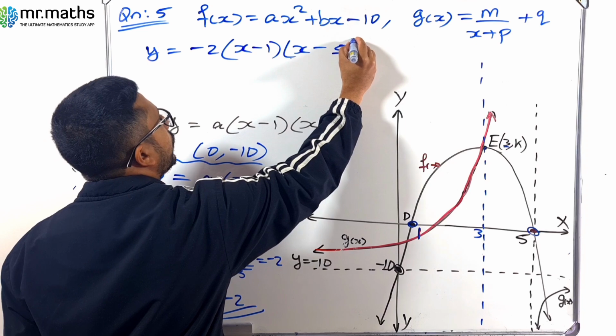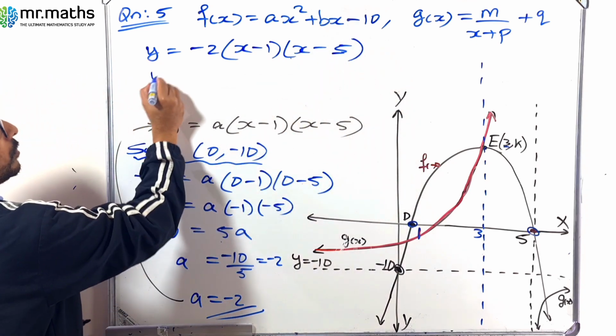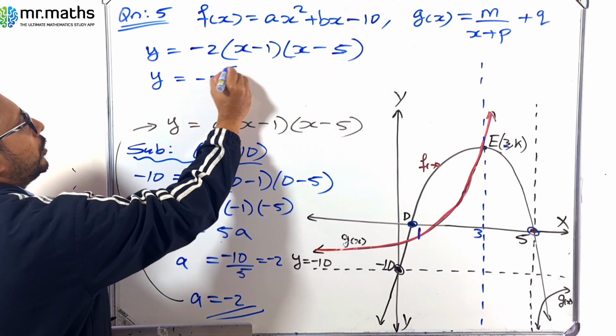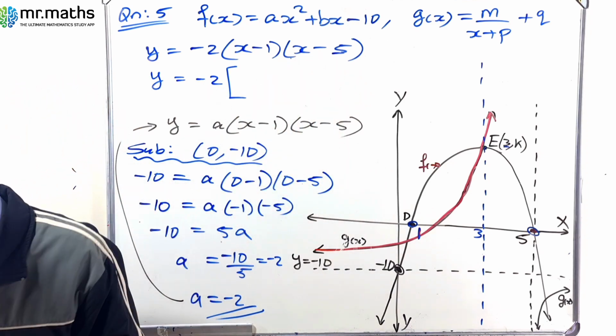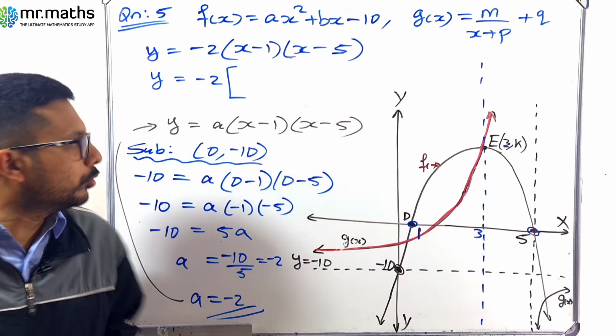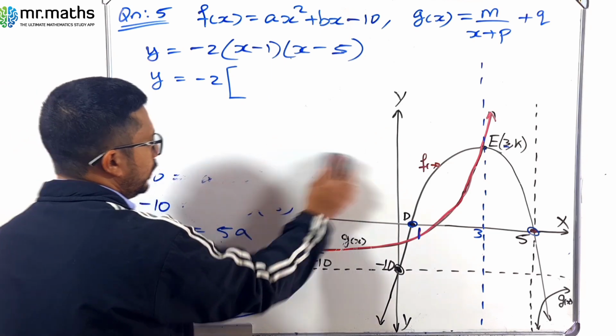Now we have to expand that bracket. First we can expand these two brackets, then we have to multiply with the minus 2. So expand the bracket.